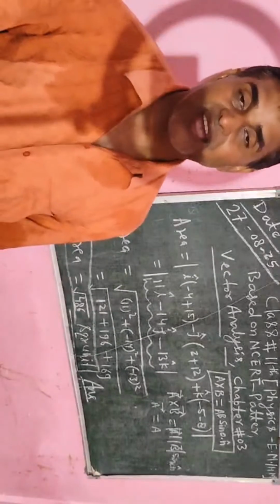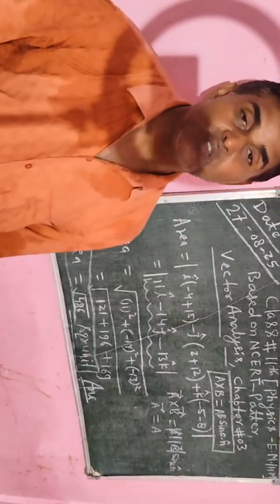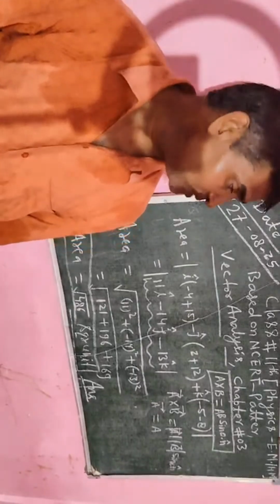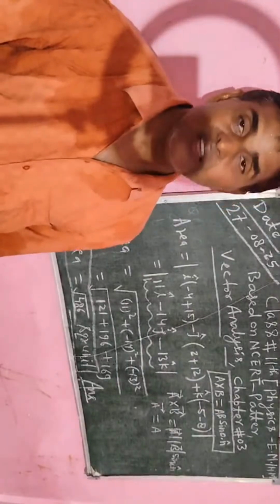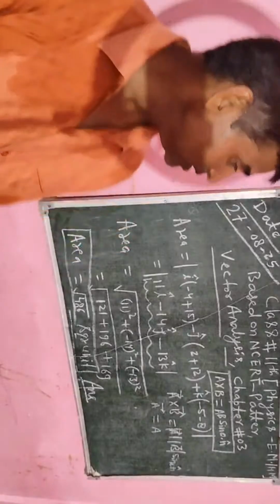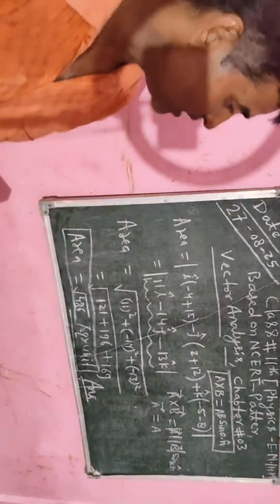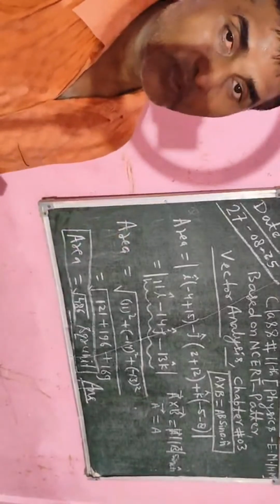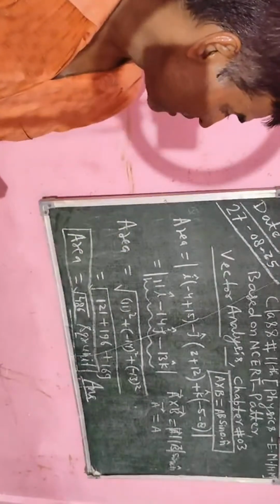And when I take k and i, its value will be j. So I will take the cross product of vector k into i, and its direction will be along vector j. That concept I will also add to solve the numerical question.